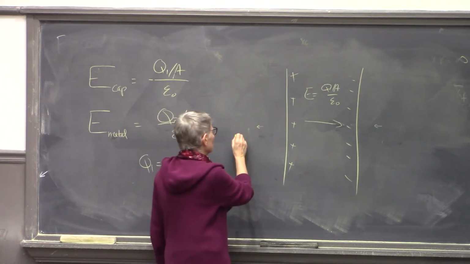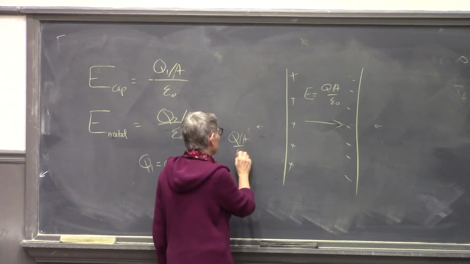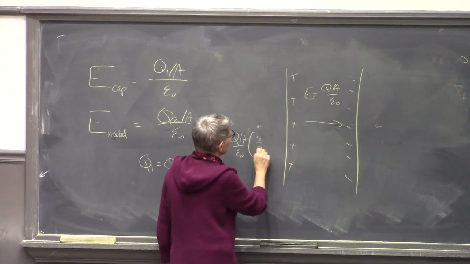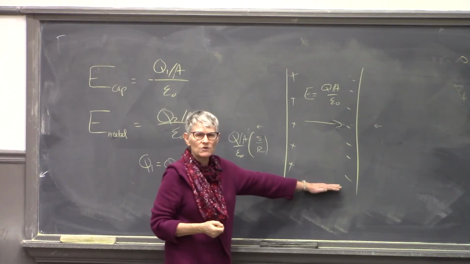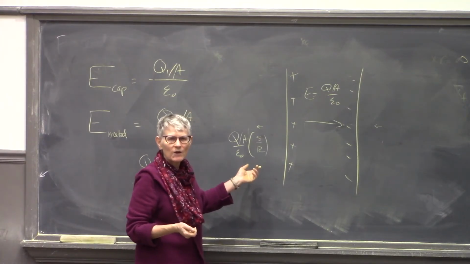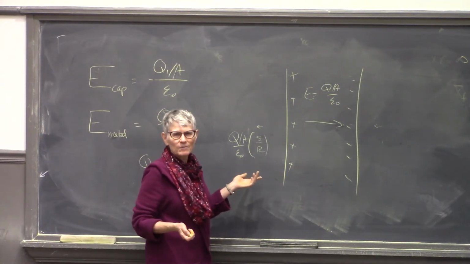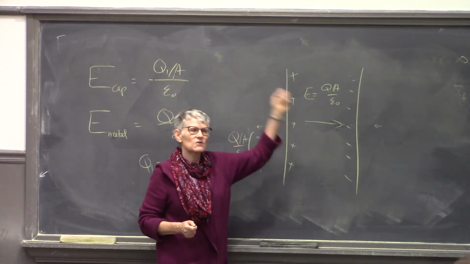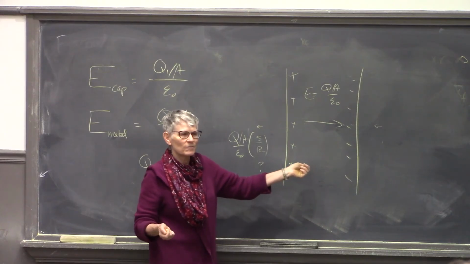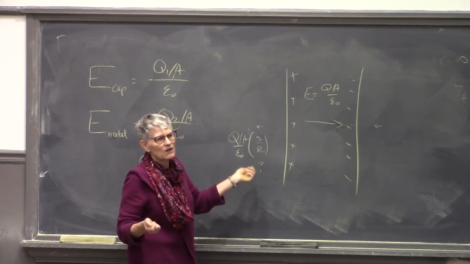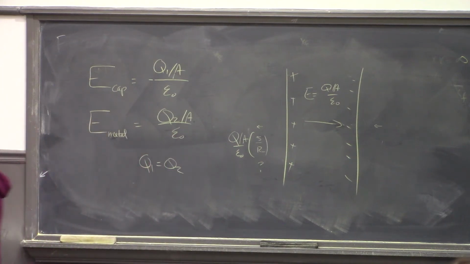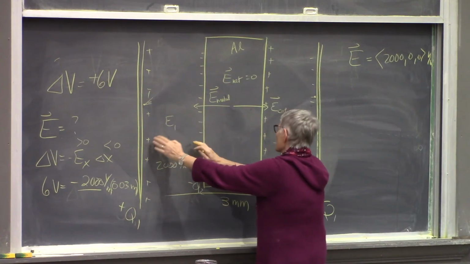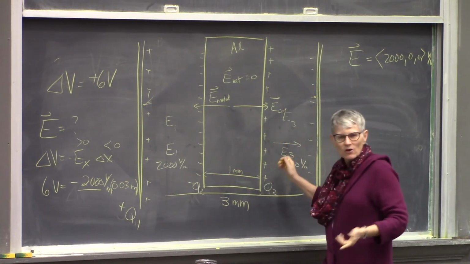It was something like Q over A over epsilon 0 times, I think it actually came out to be the ratio of the separation between the plates over the radius, but I'm not exactly sure, I could look it up. But 3 millimeters compared to 3 meters is 1,000 times smaller. So the field out here is 1,000 times smaller. And so, yes, the field here is the field of these charges plus the field of these charges, but that field out here is going to be 1,000 times smaller than this, yes.